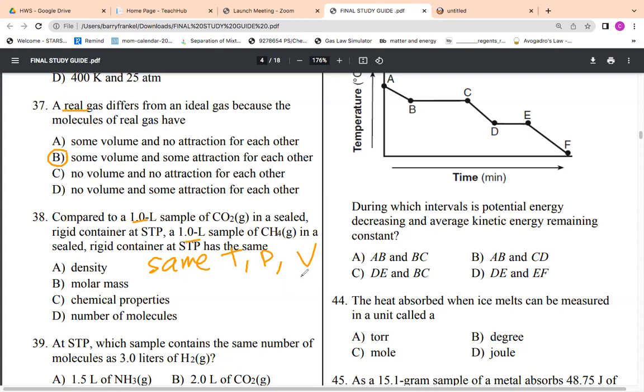And this is why this wording is so important, because if you draw out what CO2 looks like, CO2 has 3 atoms, CH4 has 5. If you had the same number of molecules, this is 1 molecule of carbon dioxide.